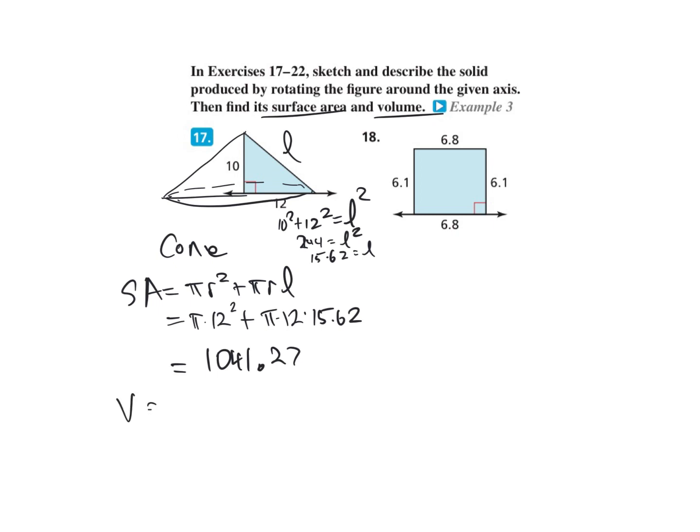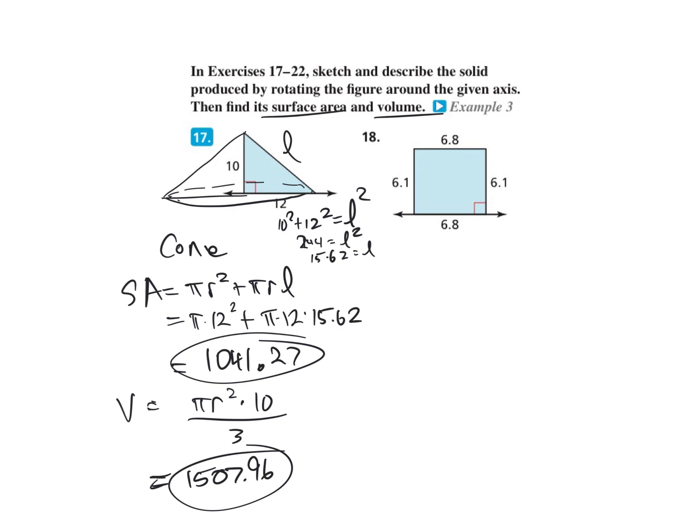Now volume, it's a cone, so it's the area of the base, pi r squared, times the height divided by 3. So again, we have pi times 12 squared, which is 144, times 10, and then divide by 3, and you get 1,507.96, and that would be cubic units.